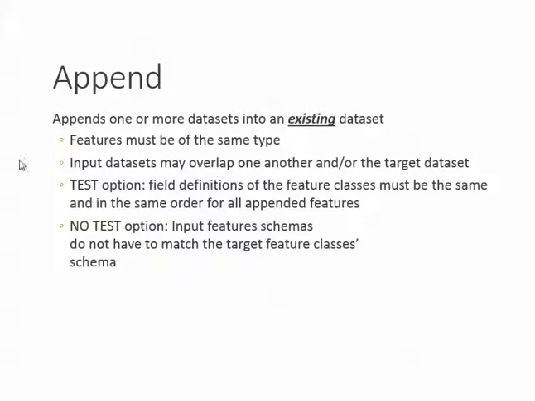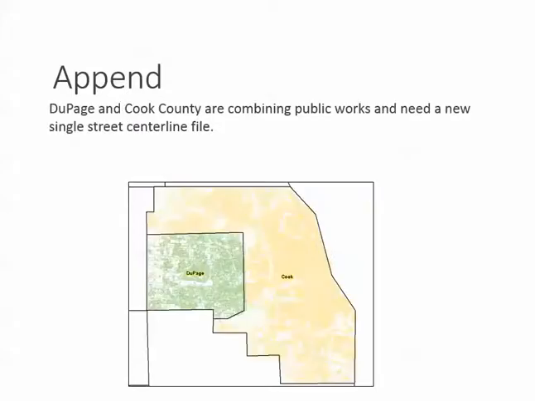So this is the fundamental difference between these tools. So become familiar with the difference. And an example of how the append tool would work is that, sometimes counties keep their spatial data separate from one another, usually actually.